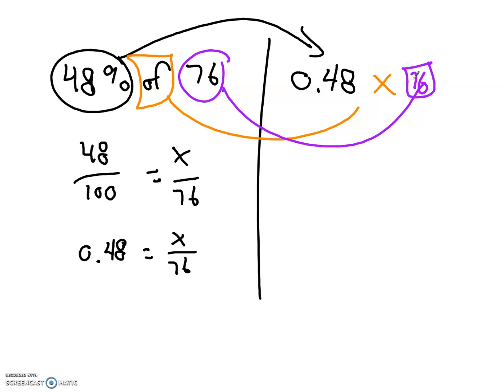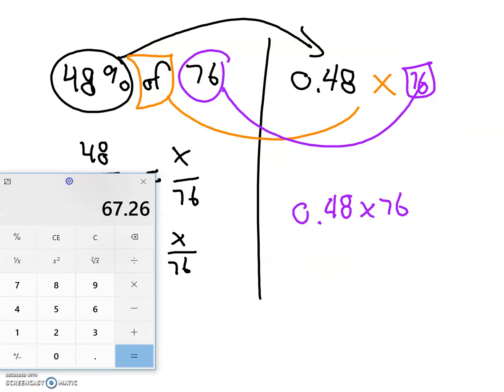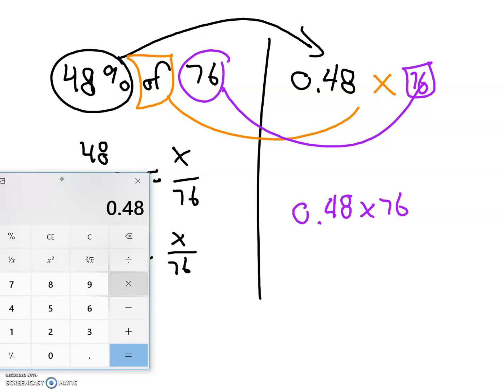So 0.48 times 76, get your answer. Let's see, where's my calculator here? 0.48 times 76. There's your answer, 36.48, and you're done.